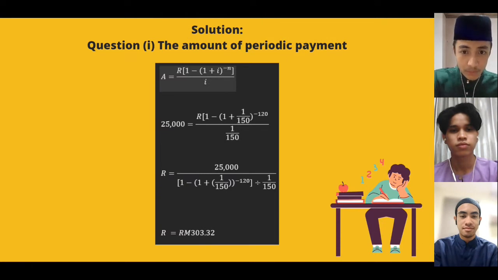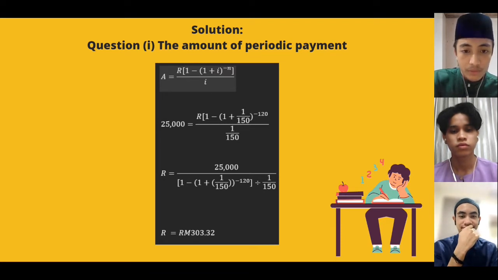So the first question, the amount of periodic payment. So here's the solution. We follow the formula given here, which is A equals R [1 - (1 + i)^-n] divided by i. So we put all the numbers that we indicated earlier through the formula.